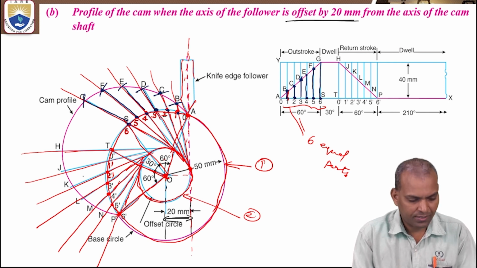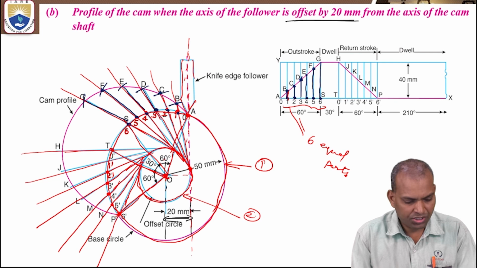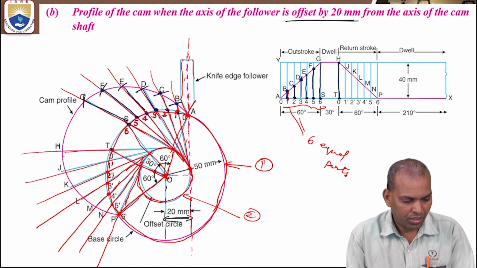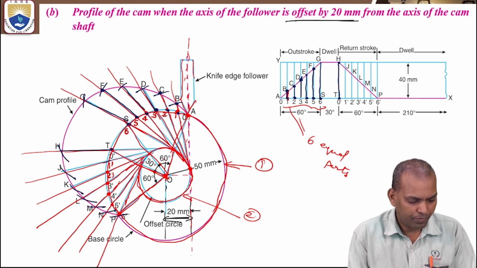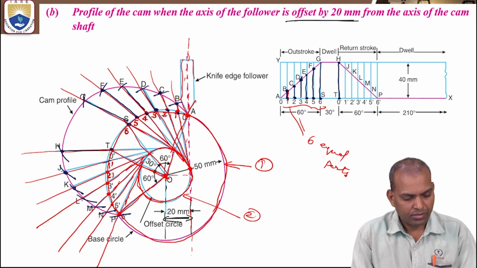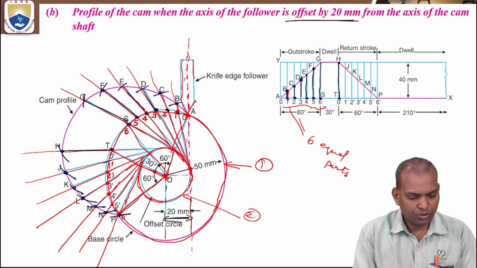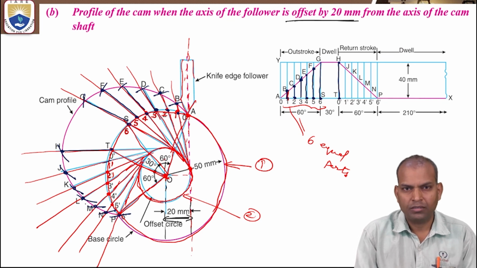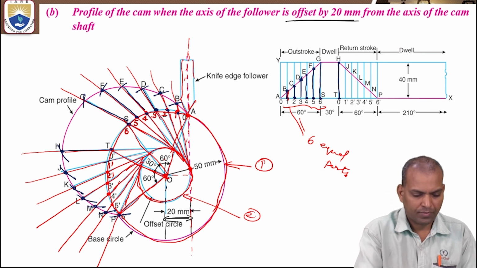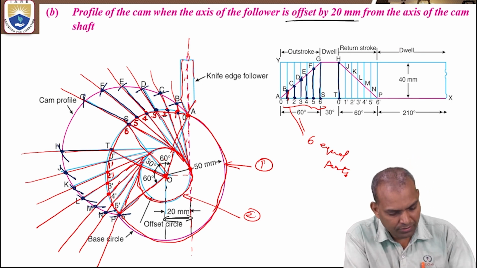So this is T to H, from T to H. Similarly J, K, L, M, N, P. After marking these points, we have to join all these points with a smooth curve. So let us begin.